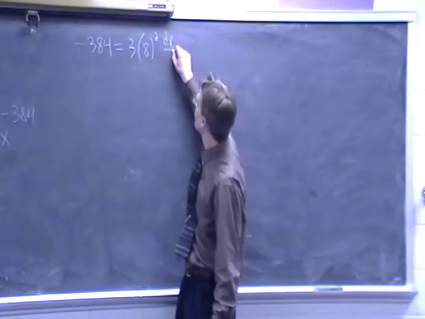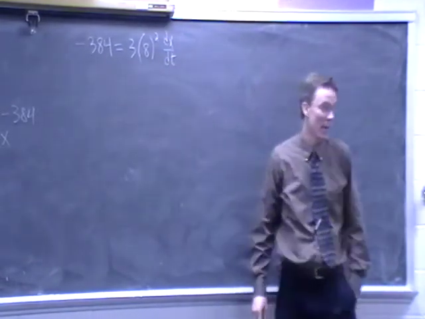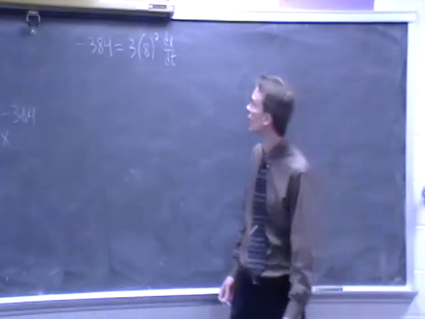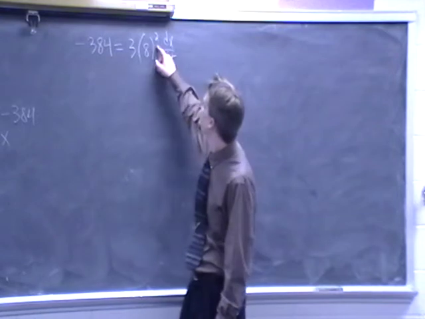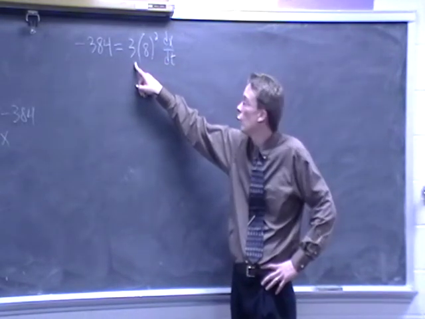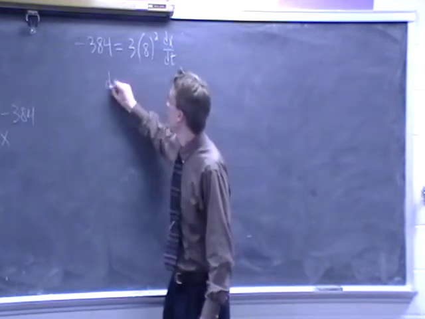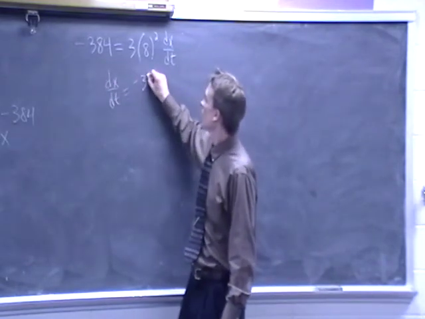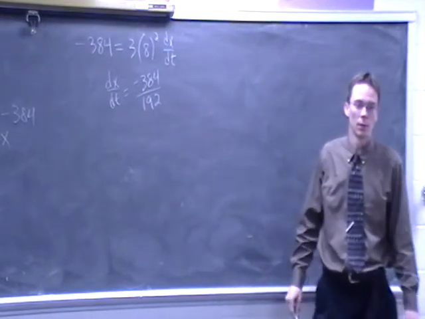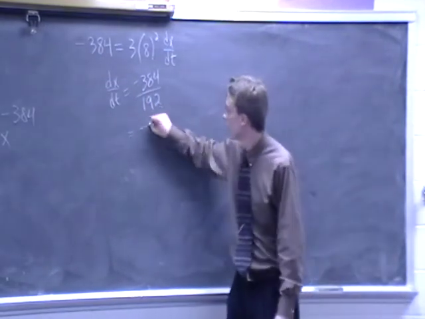And dx over dt, we don't know what that is, but that's all right, because that's what we're trying to figure out. This is 64 times 3, so 192. Okay. So dx over dt is going to be negative 384 divided by that 192. Negative 2.